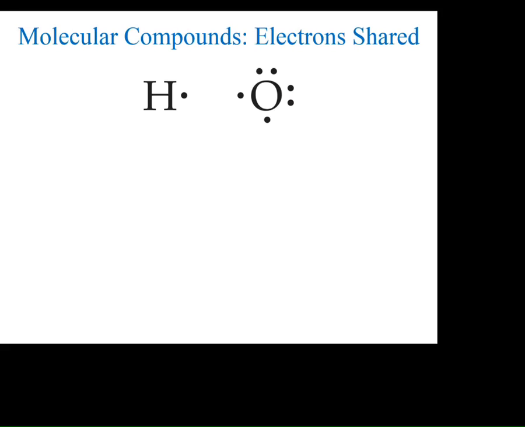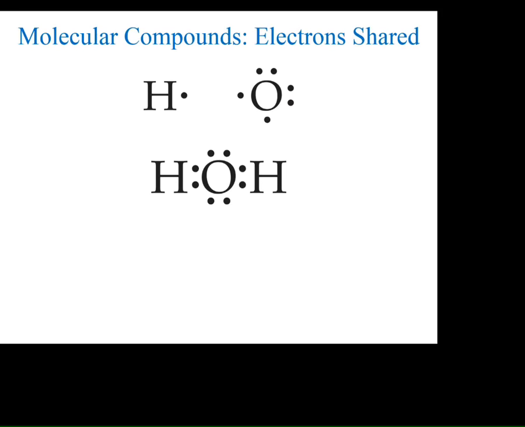So you can imagine 1 hydrogen shares here, let's say. Well, that helps out with 1 place, but oxygen still needs 1 more, right? So maybe you have another hydrogen come in there. Maybe something like this when you get done. So now when you're all done, everybody's happy.